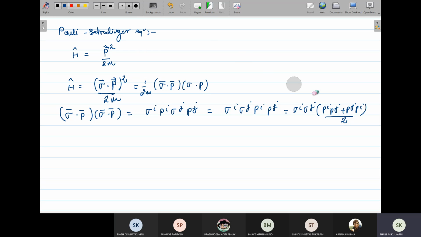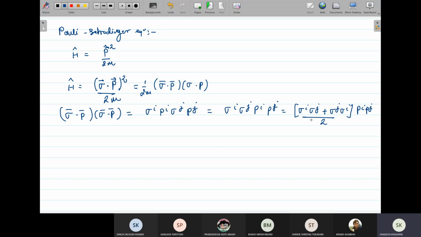Or maybe I will write in a simpler form. Noting that p_i p_j is symmetric in ij, this I can write as (sigma_i sigma_j plus sigma_j sigma_i) divided by 2 times p_i p_j. I wrote previously in the reverse way, so this is the correct way.